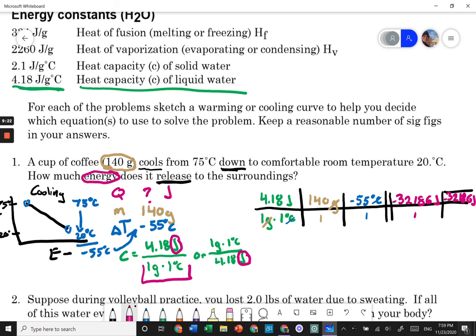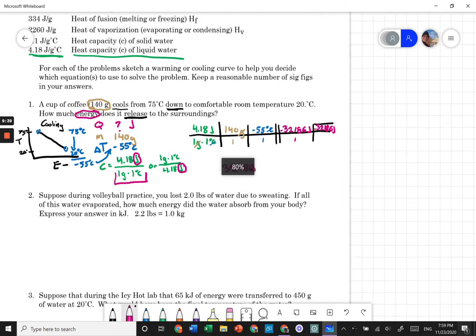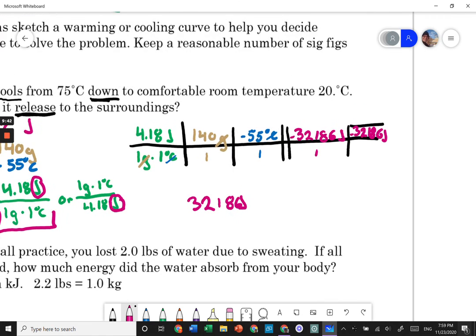So what I'm going to say is that 32,186 joules of energy were released.